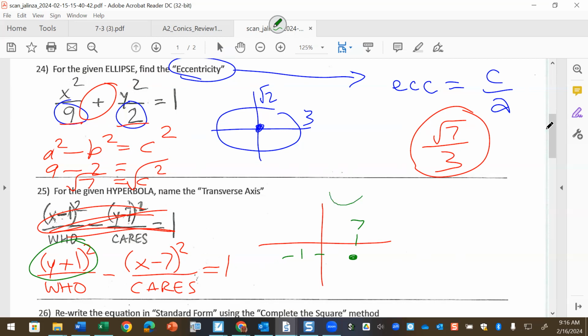Up and down. Okay. Now identify transverse. Is that the major or the minor? That's the major. Okay, so that's this guy, right? Name it. X, not Y. Who put that? Okay. So X equals 7 is the correct answer.